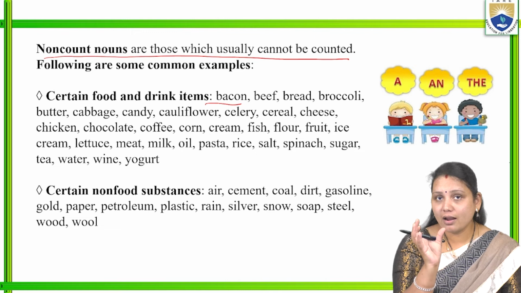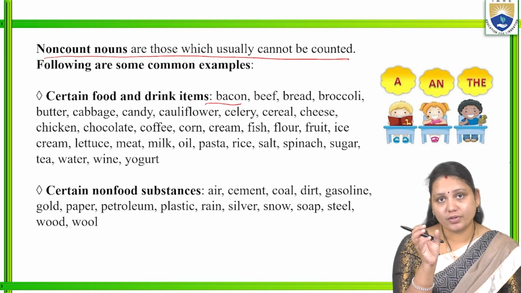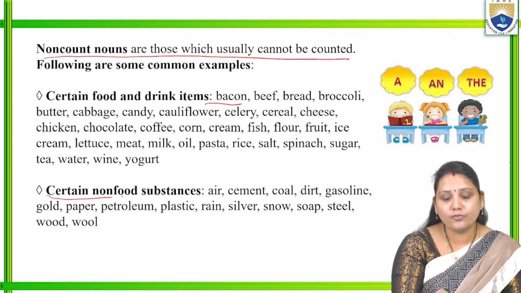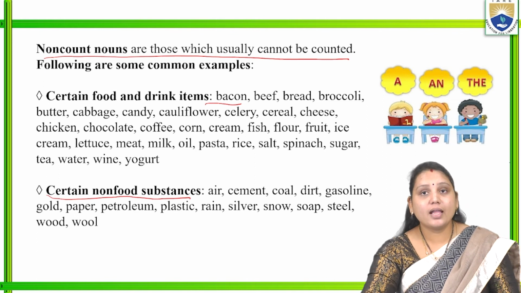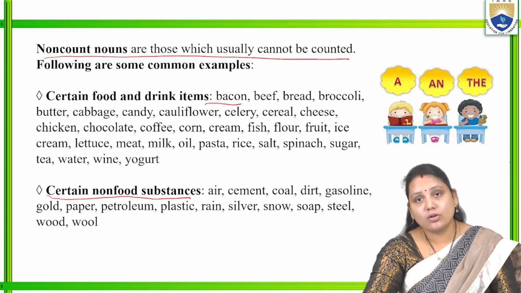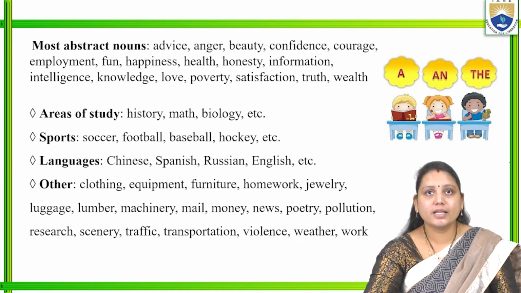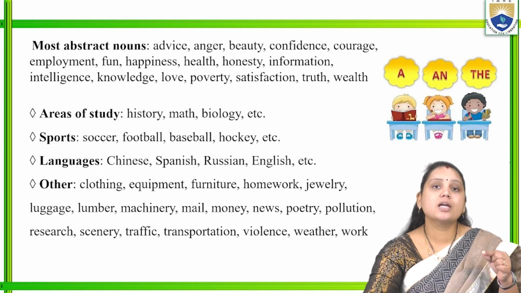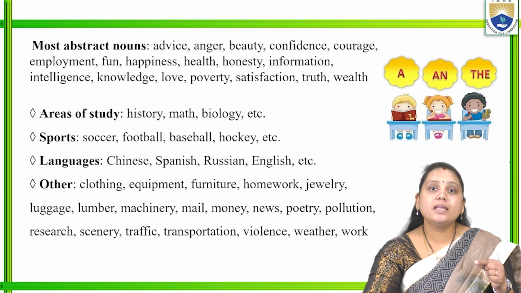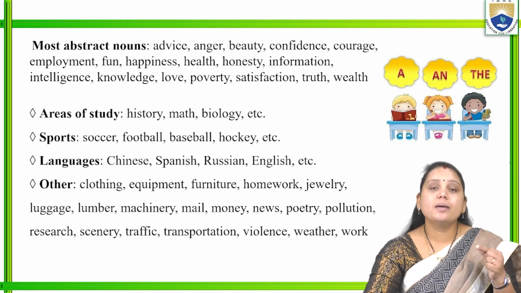No, but they have the uniqueness of some, right? Next, certain non-food substances: air, cement, coal, dirt, that which cannot be counted. Next, most abstract nouns. What are the nouns which deliver the meaning, which describe the quality?